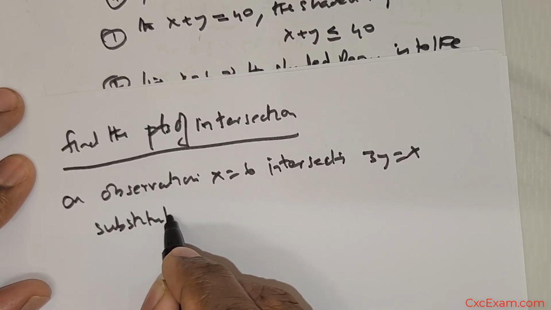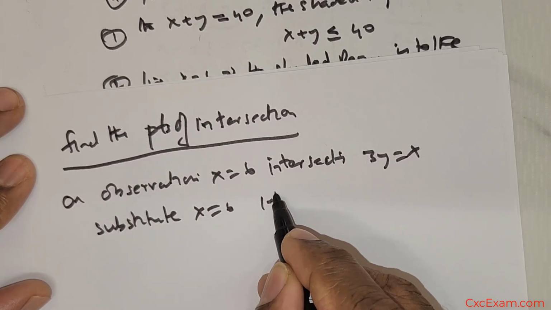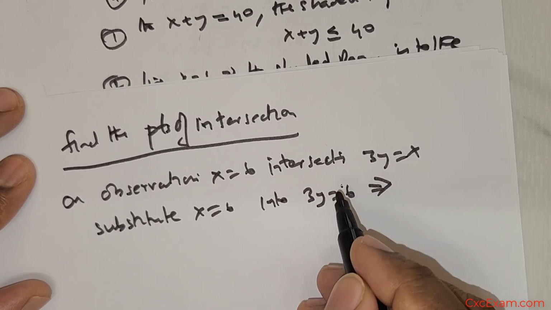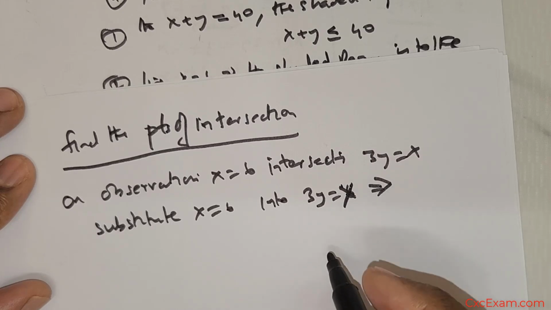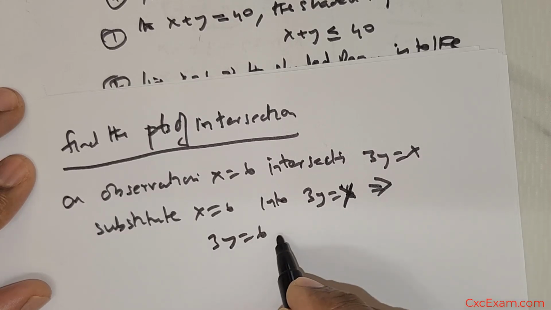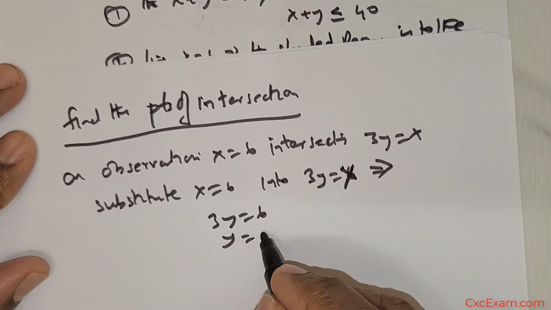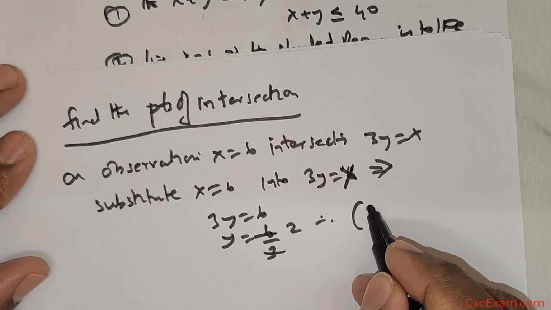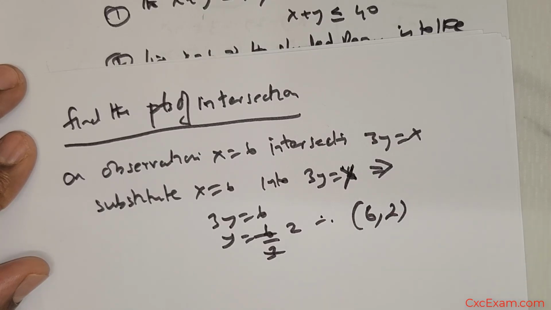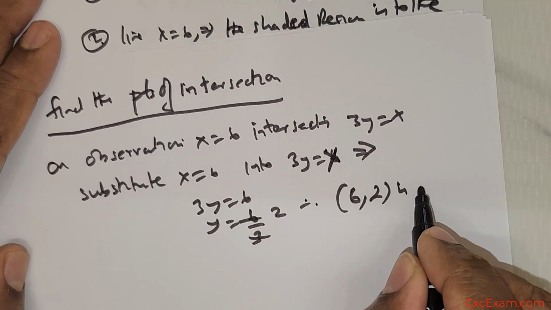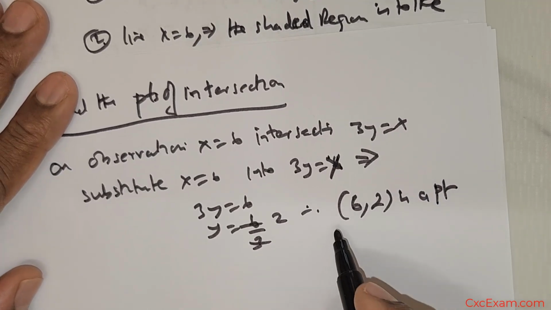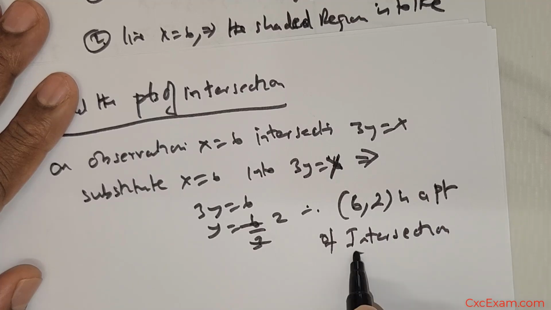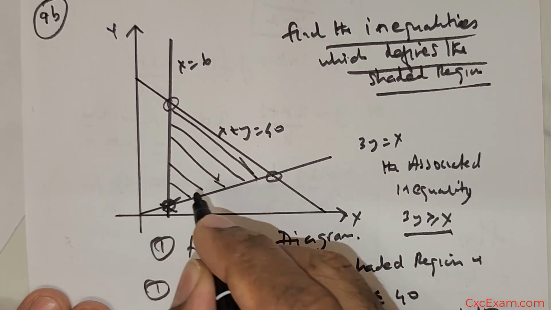So substitute x = 6 into 3y = x. So this implies 3y = 6, which will give us y = 6/3, which means 2. So therefore (6, 2) is a point of intersection. Probably you can write that. Right, so we got that.